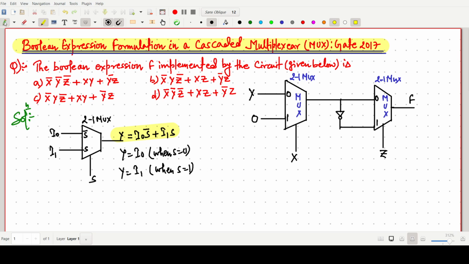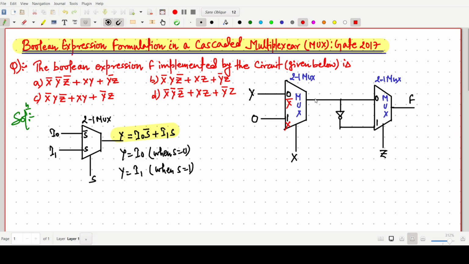Now we come to the question, and the options are given here. At the end we will find which one is the correct answer. Here we can observe that x is the select line, so instead of this 0 we write x bar, and instead of this x we write x.